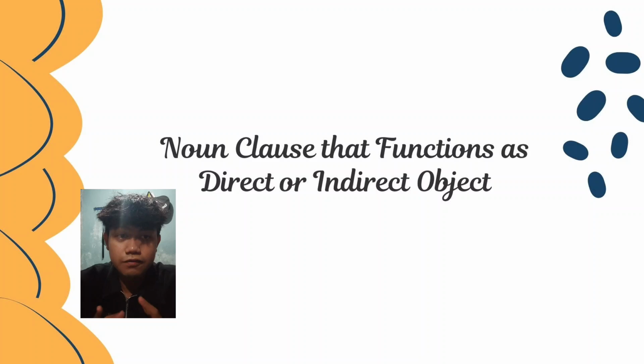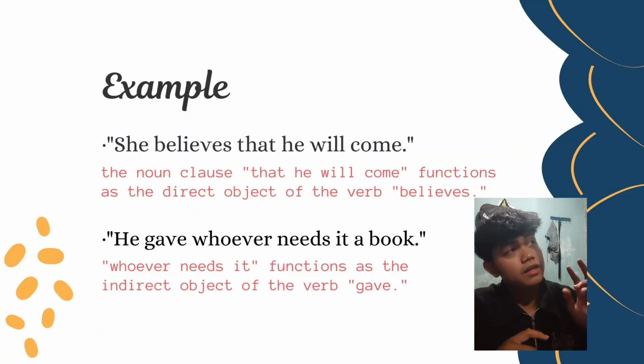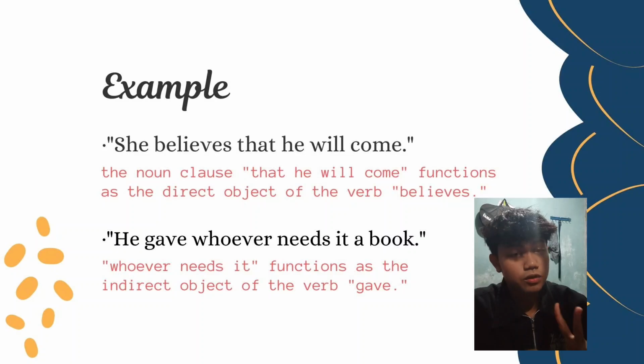A noun clause that functions as a direct or indirect object is a clause that takes the place of a noun and performs the grammatical role of either the direct object or indirect object within a sentence. Here are two examples with explanations. She believes that he will come.